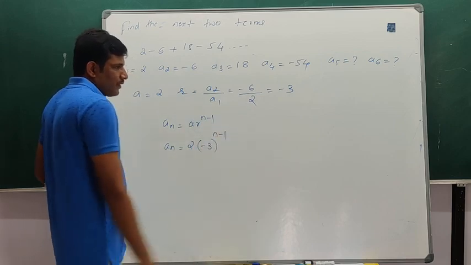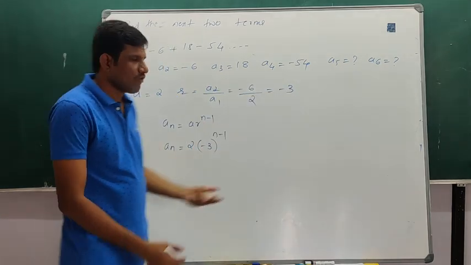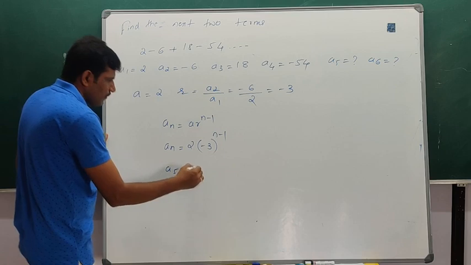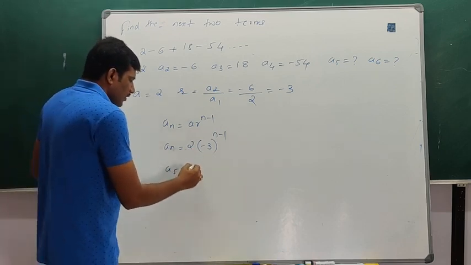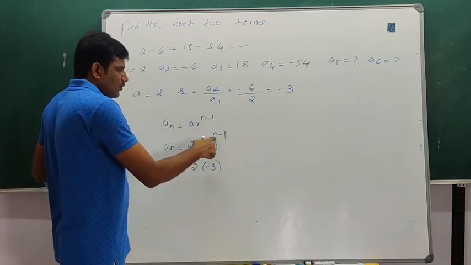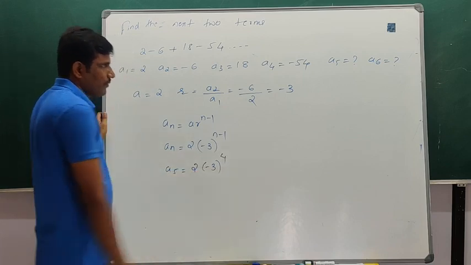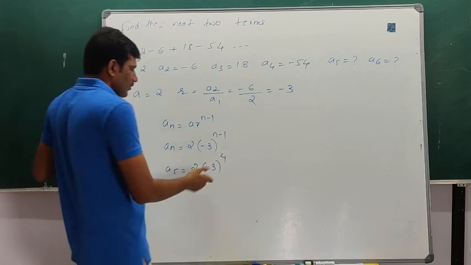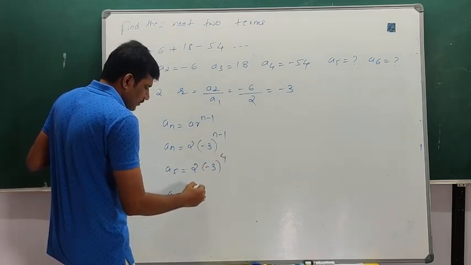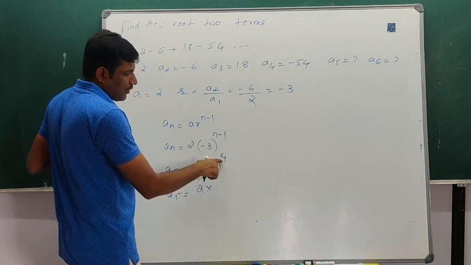Right? So now we have to find a5. Therefore put n equal to 5. Now it is 2 into minus 3 raised to 5 minus 1, which is 4. So minus to an even power is plus.